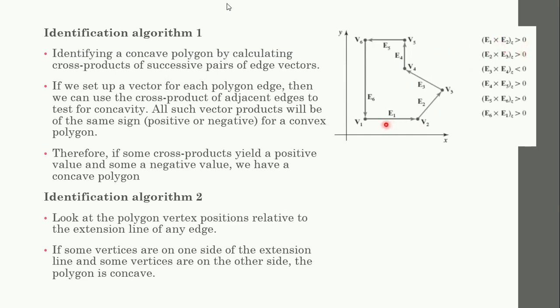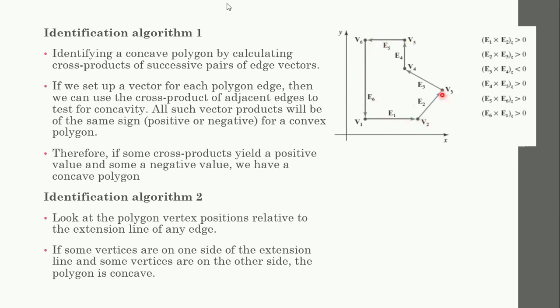So how do you calculate this cross product? For example, take the cross product of E1 and E2: E1 cross E2, then E2 cross E3, E3 cross E4, E4 cross E5, E5 cross E6, and E6 cross E1. All the cross products you have to calculate.